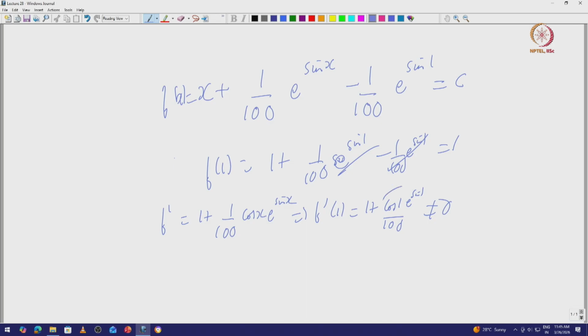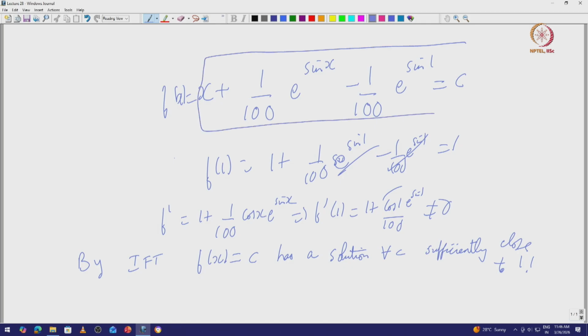So it's not 0. Now the point is, by the one variable inverse function theorem, f of x equals c has a solution for all c sufficiently close to 1. This is a very interesting thing. This is a remarkably difficult equation to solve.